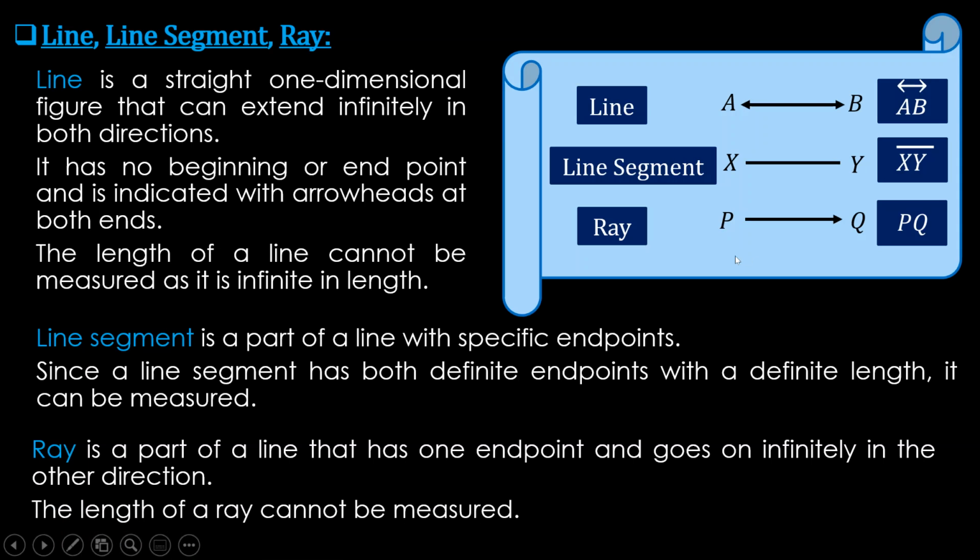The length of a ray cannot be measured because on one side it has an endpoint, but on the other side it can be extended infinitely. So a ray cannot be measured, a line cannot be measured, only a line segment can be measured because it has a specific length. There are two endpoints at two ends.